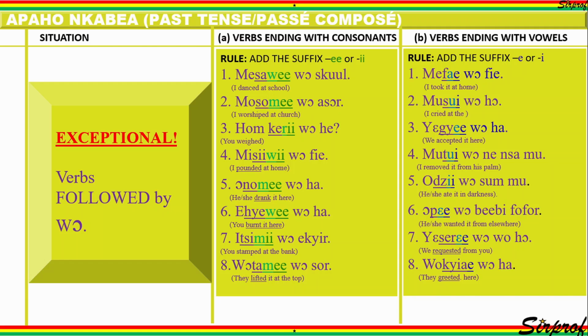Example, mefai wo fie, musui wo ho, yɛgye wo ha, mutui wo ne nsam, ozii wo sum, ɔpɛi wo beebi foforo, yɛserɛi wo wo hɔ, wokyiai wo ha. Again, please remember, but for the wo past tense of these verbs that are followed by an object or a modifier would have been obtained by doubling the last vowel.